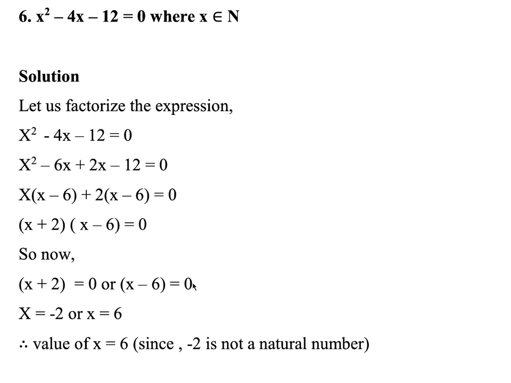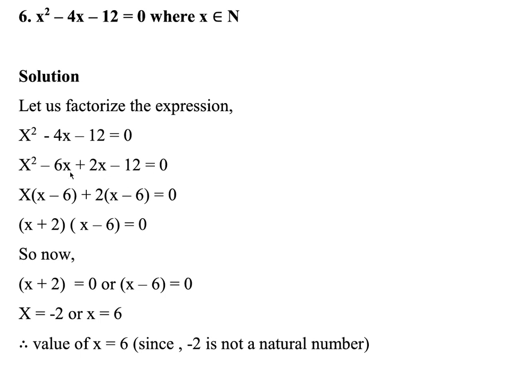Come to the next problem. x square minus 4x minus 12 is equal to 0 where x belongs to N. N means the natural numbers. Natural numbers means 1, 2, 3, 4, up to infinity, that you know. So x square minus 4x minus 12 is equal to 0.